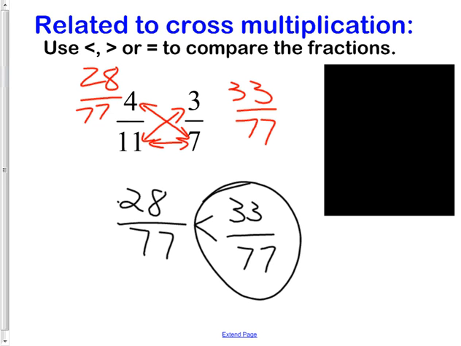So the top number here, we kept our answer next to that top number. You get that? And the top number here, we kept our answer next to that number. All right. So by cross multiplying, we have a pretty good way of finding common denominators, don't we? And once we get the common denominator, we can tell pretty easily.